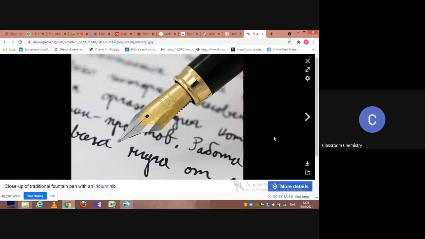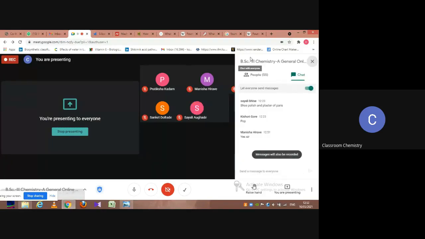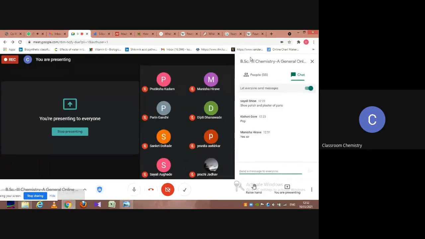Okay, these are now old pens but it has very important value, or you can use it as a standard one. ओके, मनीषा said that yes. ओके, त्यांनी वापरलेला आहे.